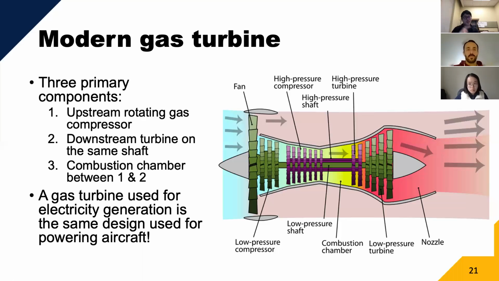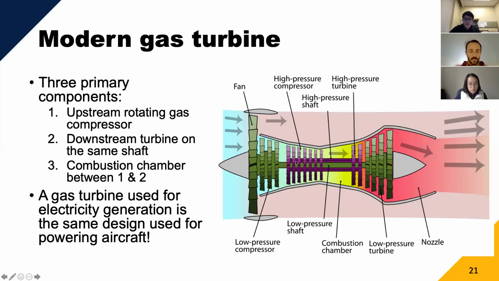You probably couldn't do it in reverse because they're not ideally designed to; you couldn't go into a power plant and take the turbine and stick it onto an airplane. They're not designed in exactly the same way. They don't have the scaffolding, but in principle the gas turbines are essentially the same design, same thing.